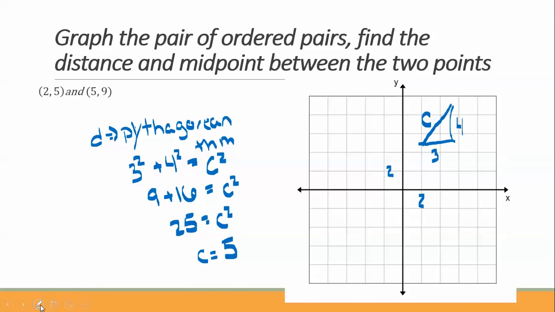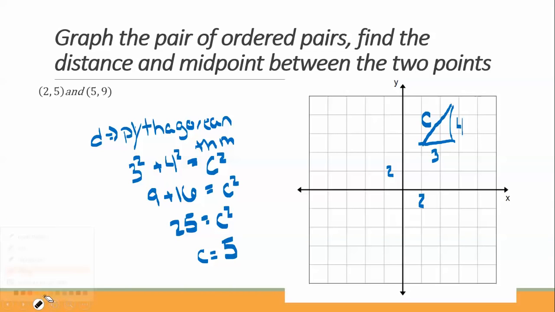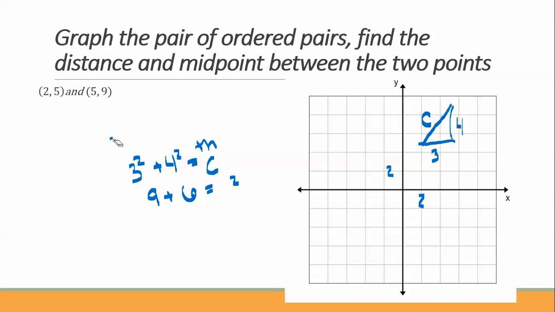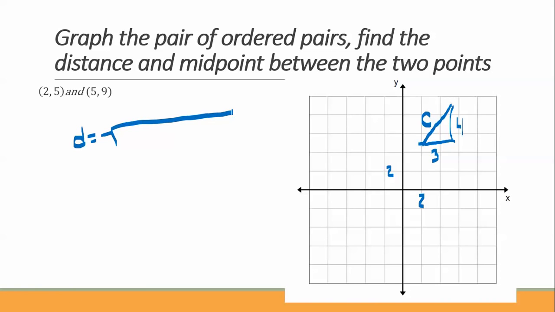If you wanted to do the distance formula, erase this so we have some room. You would end up getting the same thing. So remember, distance is equal to the square root of the difference of the x values.